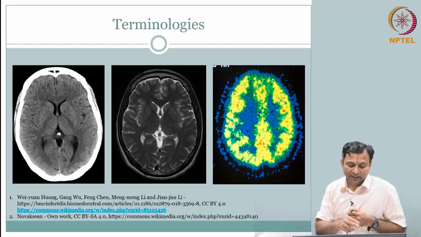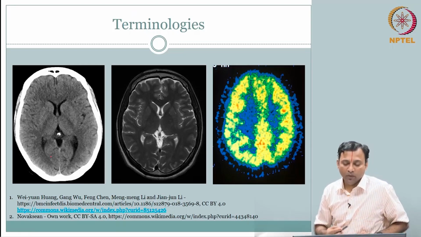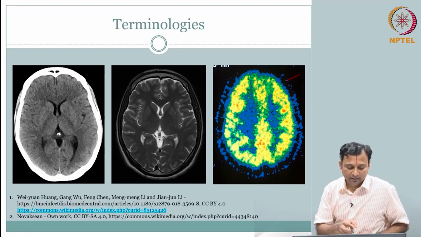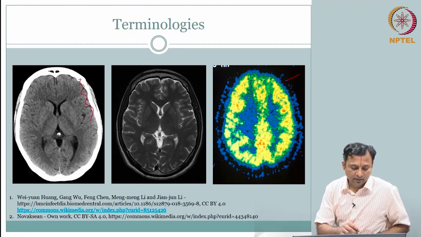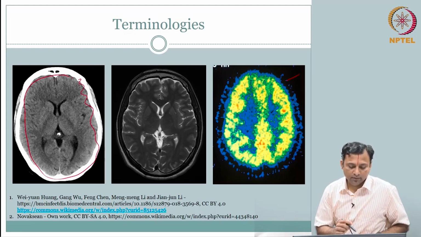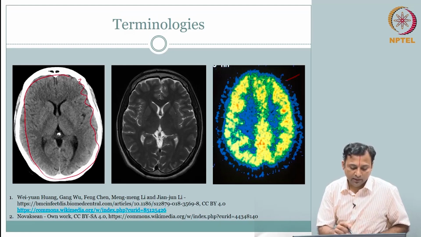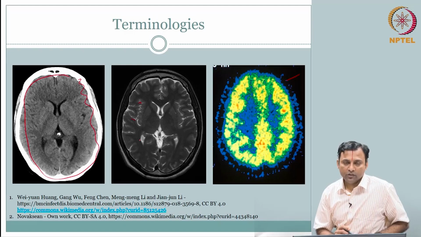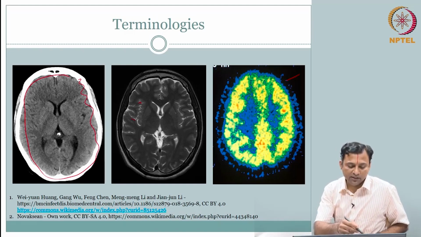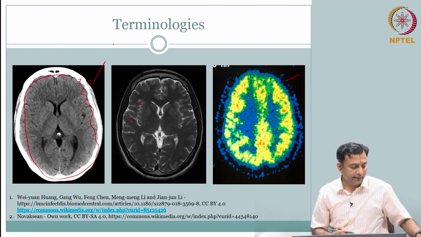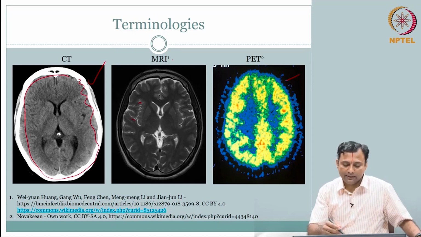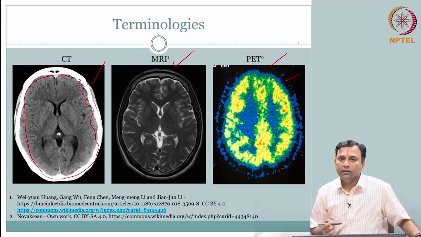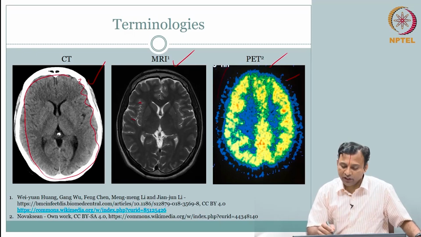Okay, that much is good, but then each one is looking different. One is in color. Here I see this one very well, but I don't see much detail. Here I see all the details very well, right? So now you understand each modality is different. If you guessed it, yes, this is CT, this is MRI, this is PET. So this is your functional imaging.